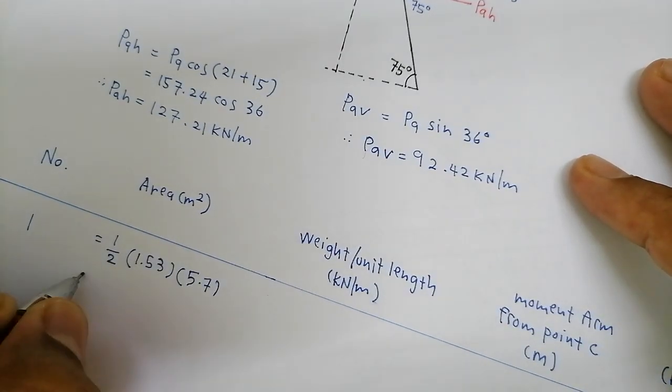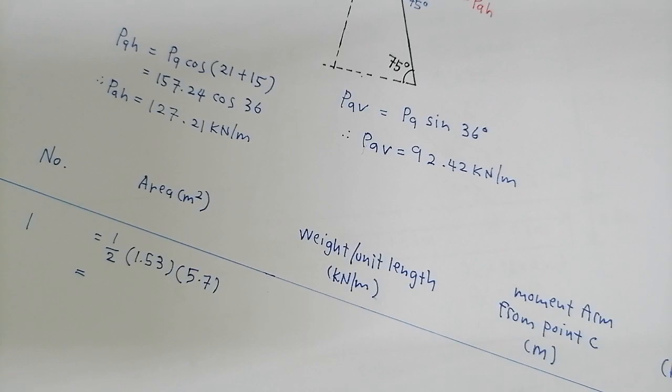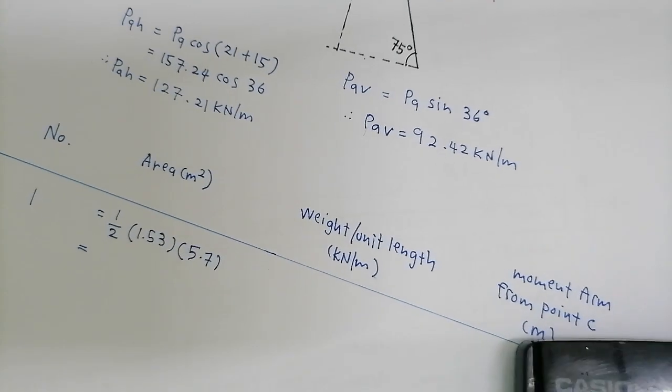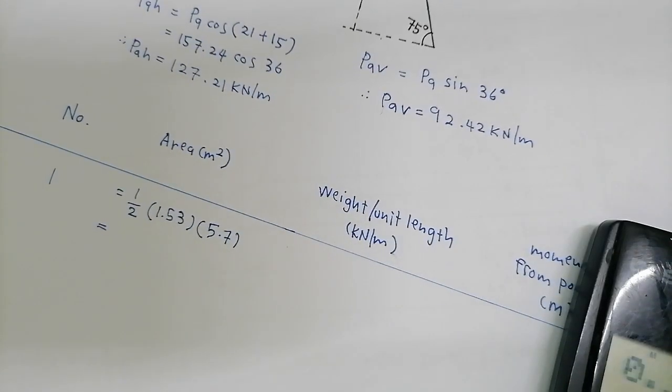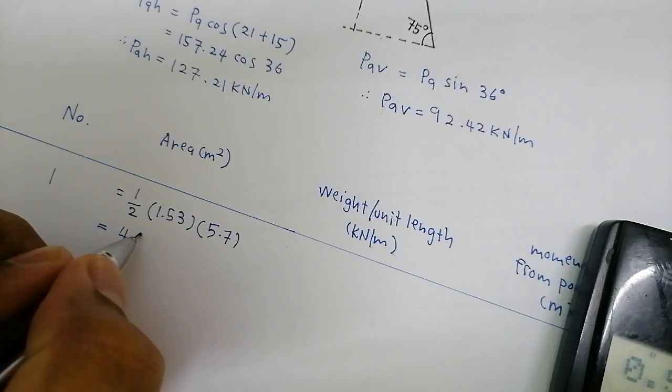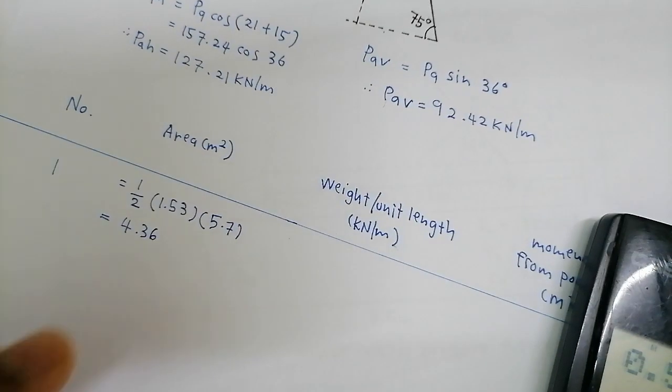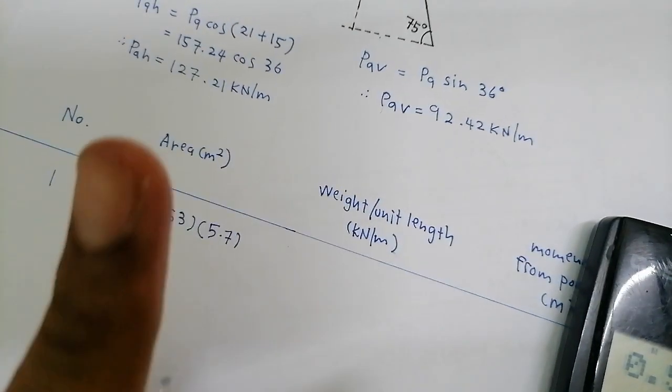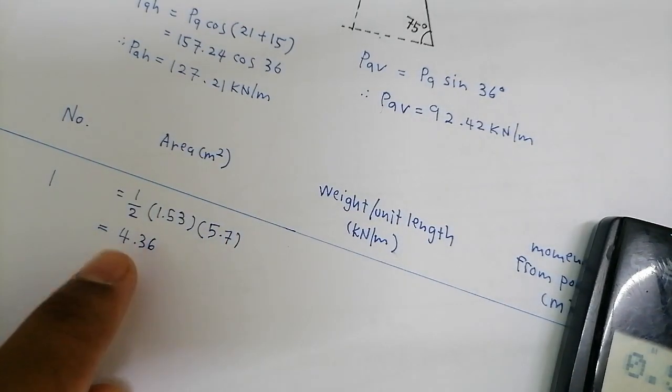Put it in your calculator. So this is 4.36. I rounded this to 2 decimal places, 4.36.